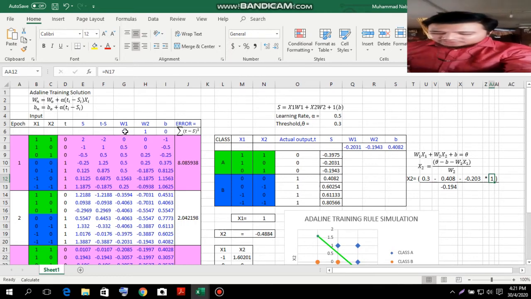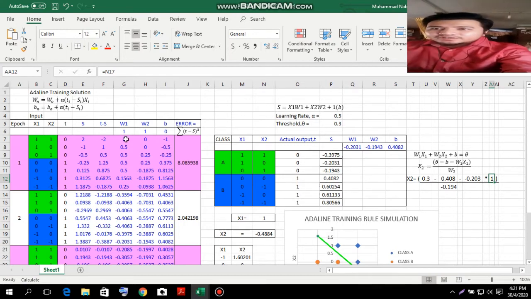Okay, let's move on to how to calculate weight 1. Let us assume the weight 1, W1, which the cursor is pointing at, is blank.